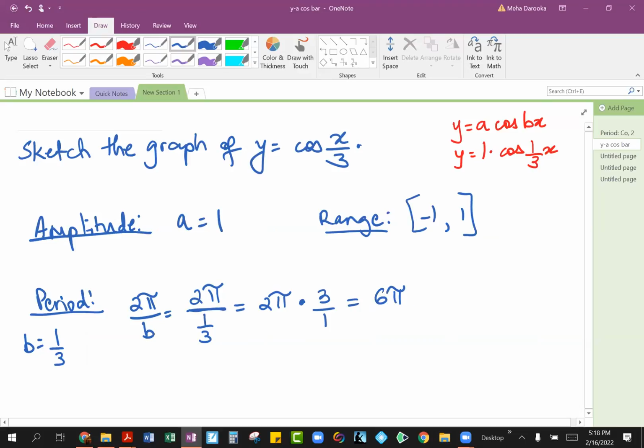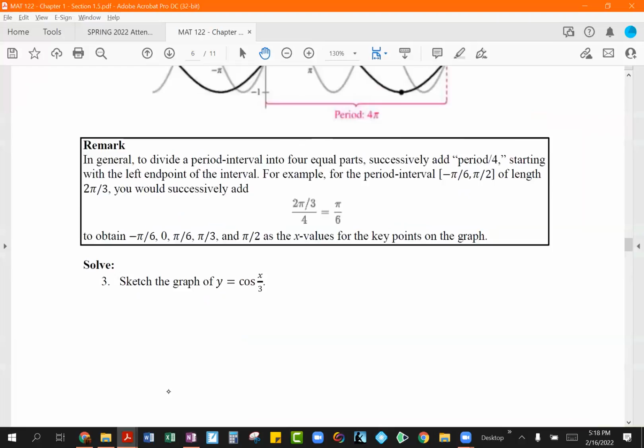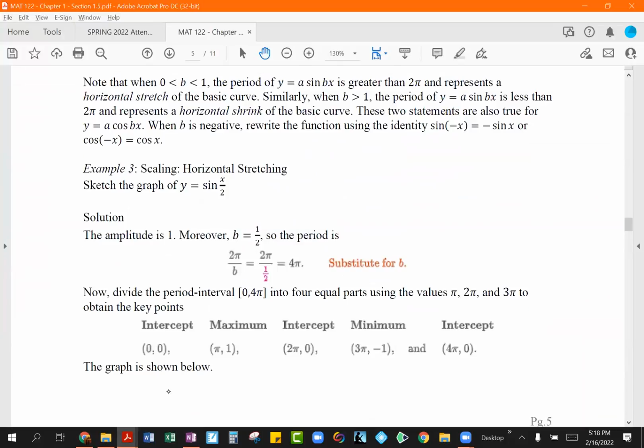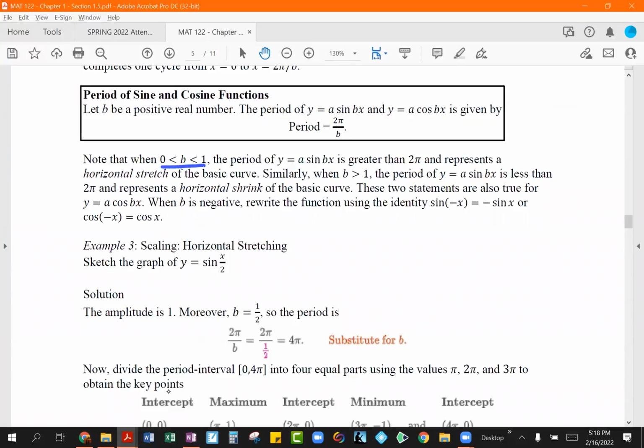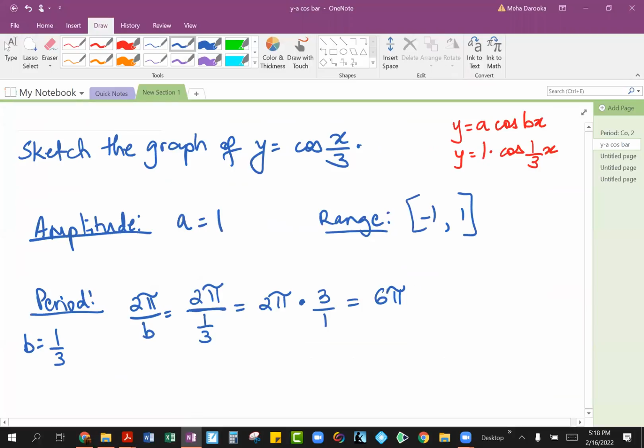So you will see when, again, going back over here, when your b value is between 0 and 1, your period will be greater than 2 pi, and you will see a horizontal stretch. So we should see all of these things happening here. So this is now going to be our period, which is going to be 6 pi.